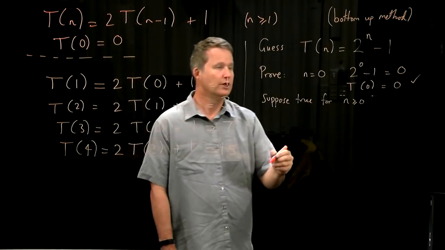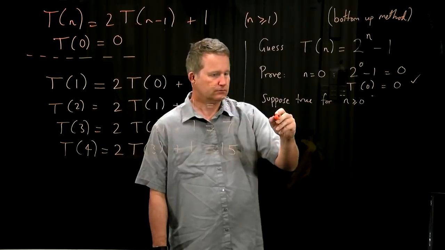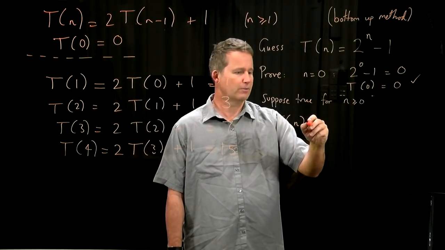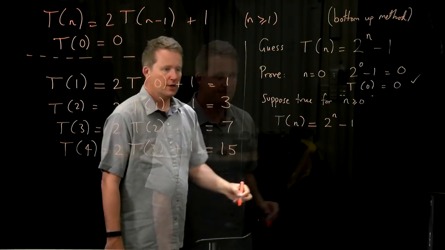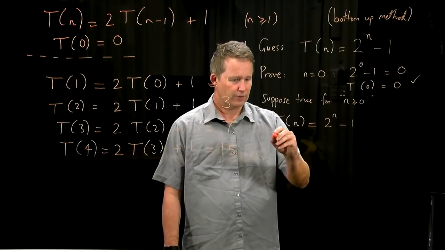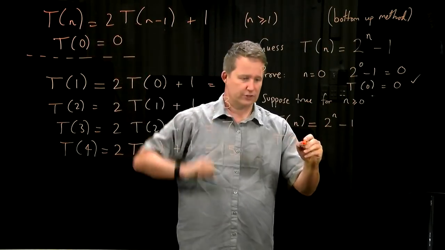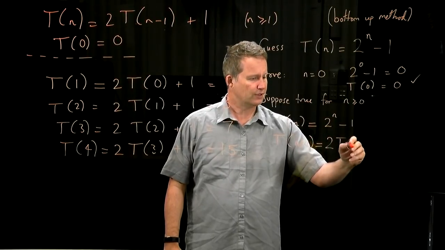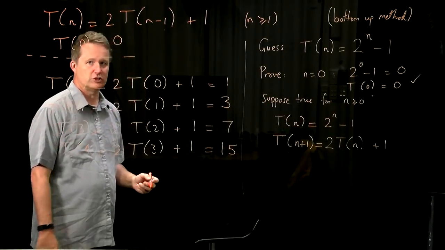We want to show that it's true for n plus 1. So then we can assume by the inductive hypothesis that T of n is 2 to the n minus 1. Now replacing n with n plus 1 in the definition here, since it's arbitrary, I get 2T of n plus 1. That's just from the definition of the sequence.